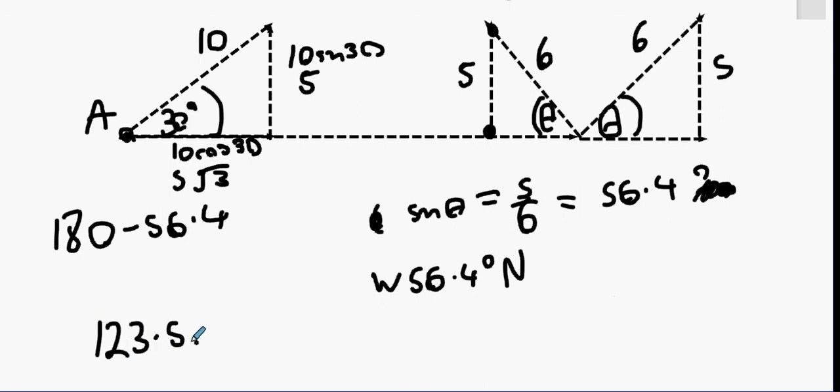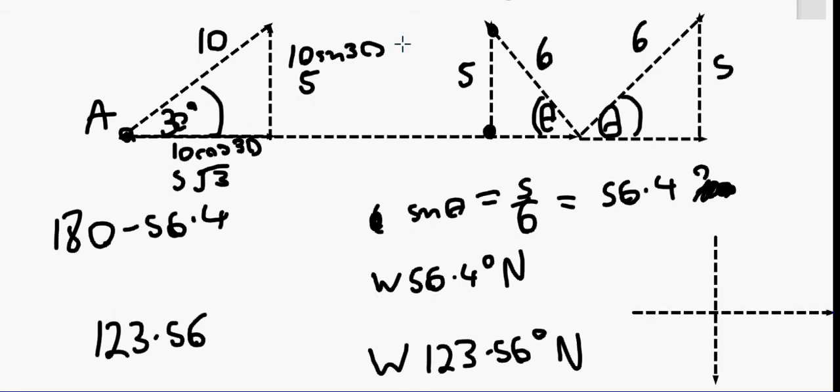And you decided to write west 123.56 degrees north. And I'm going to explain why that makes no sense. Alright? You're going west. You go 90 degrees north. Where's the other 33 degrees going to go?